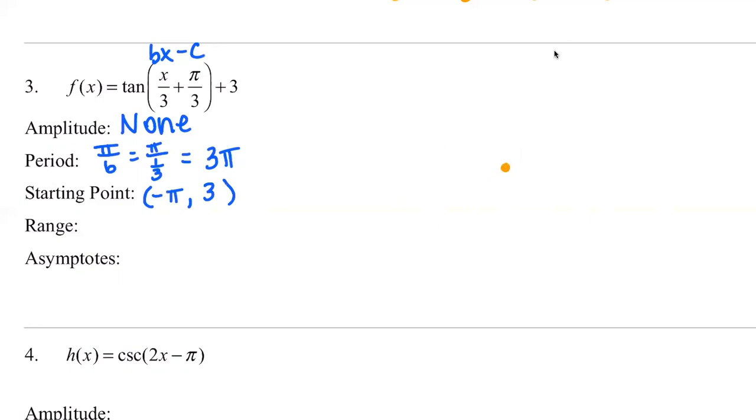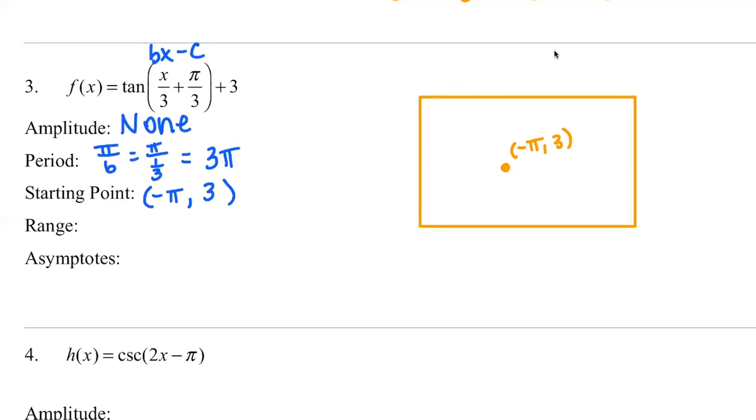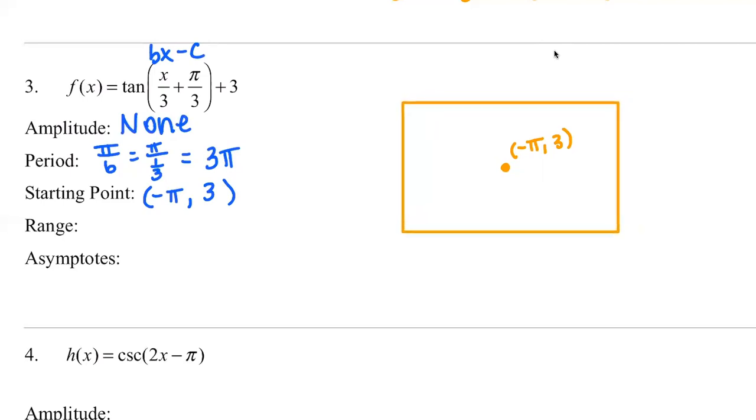Let's remember that the starting point for a tangent graph is going to be in the middle of our frame. So we are still going to draw the frame like we would for a sine or cosine graph.